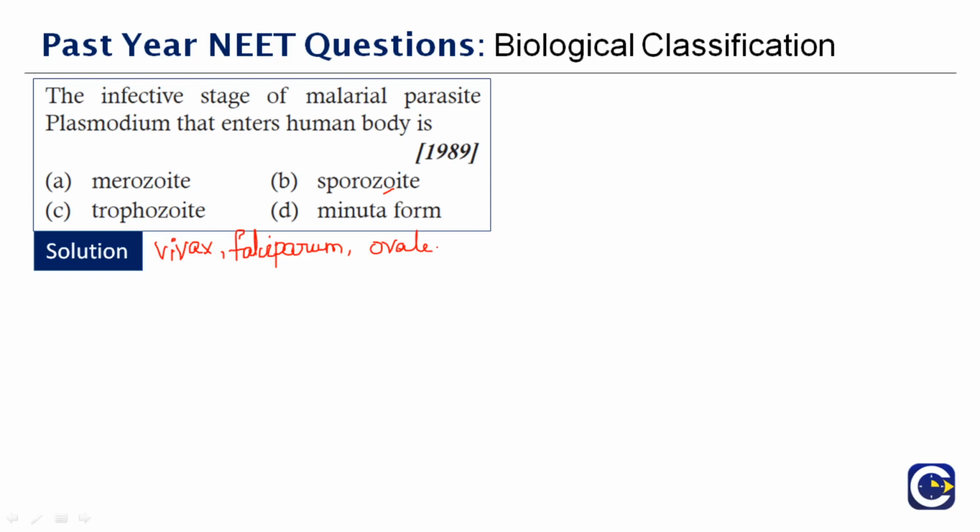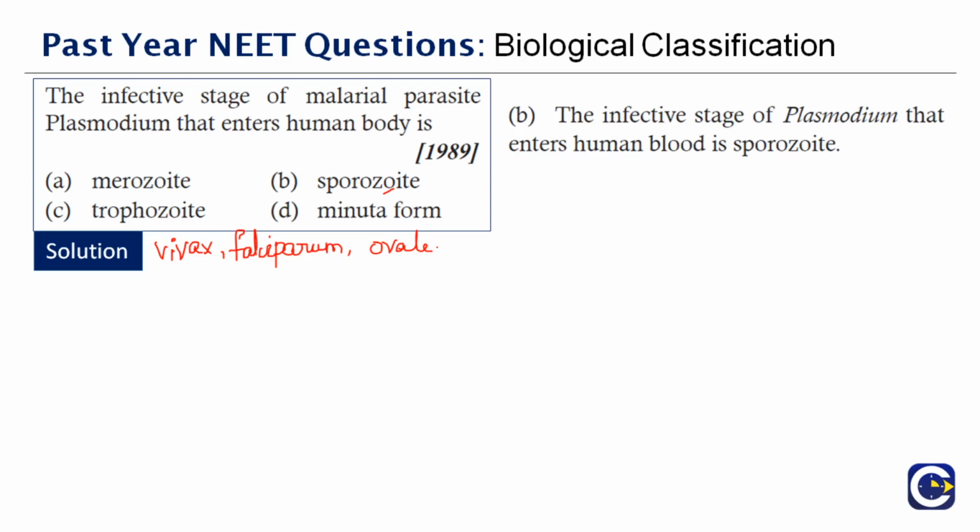In trypanosomiasis, we saw the tsetse fly as a vector which transports the disease from one person to another by its bite. Likewise, malaria is also a vector-borne disease where transmission is from the mosquito bite to humans. Therefore, the correct answer is option B, sporozoite.